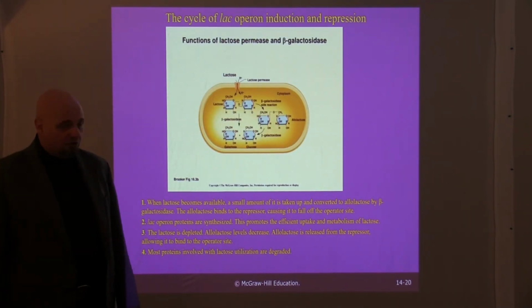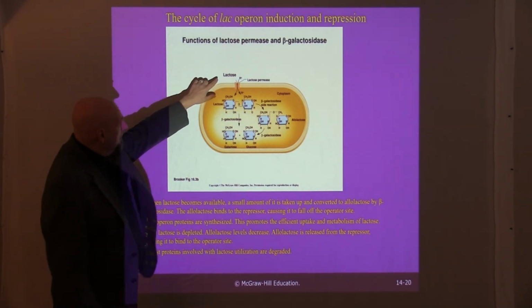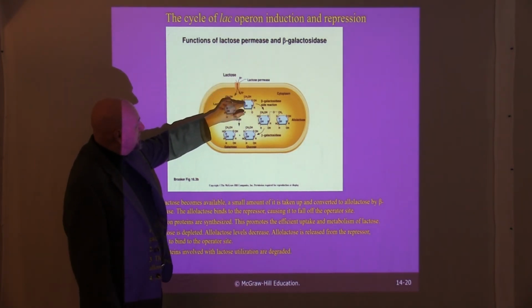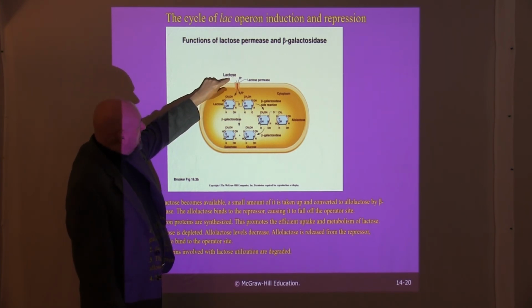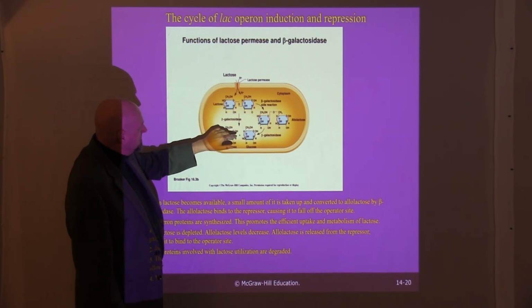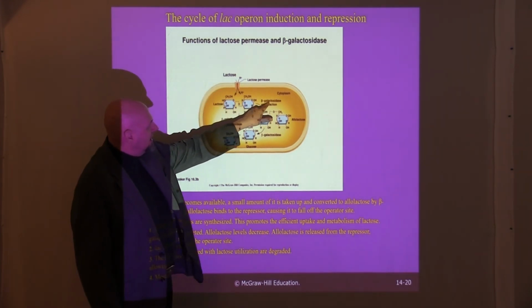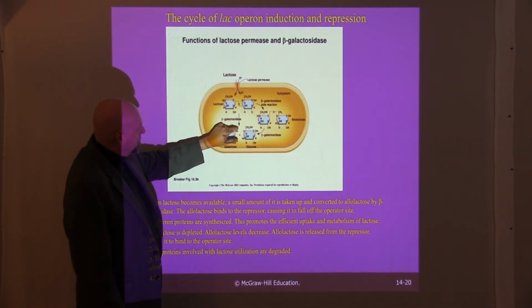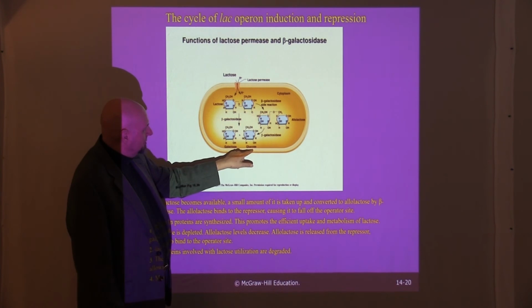as I mentioned before, just to make sure you understand this concept, the lactose is out here, the lactose permease with hydrogen protons is pumped into the cell. Now when it's in the cell as lactose, beta-galactosidase will typically cut it into pieces, galactose and glucose.